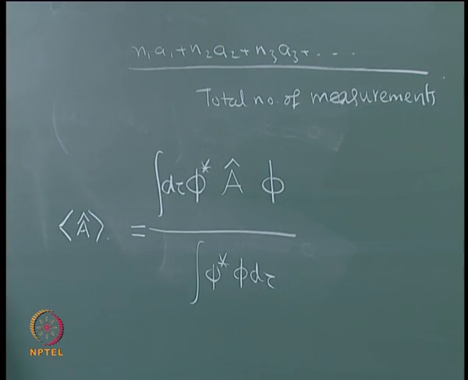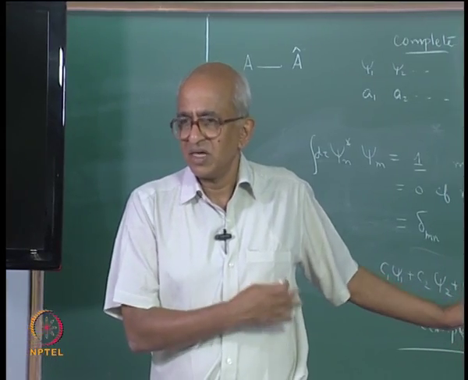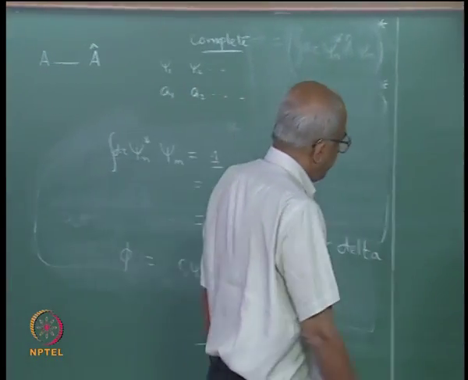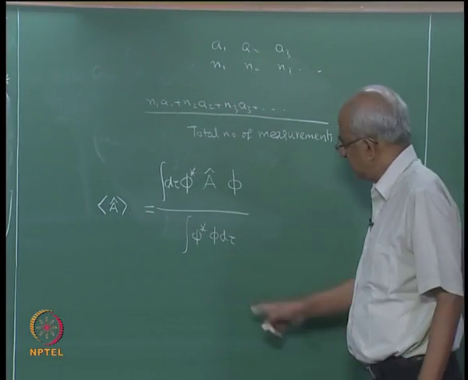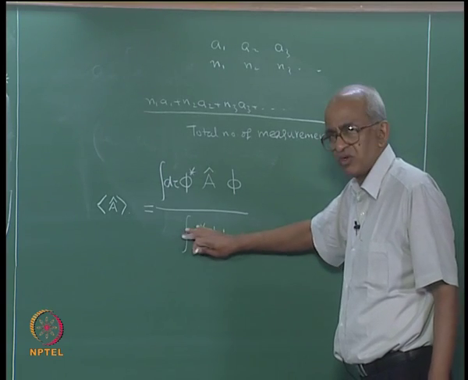So if you know the state function, it is not necessary to do the measurements. You can use the state function and calculate the average, and that is the use of quantum mechanics. You do not have to do the experiment; you can get the same result by doing this calculation. Now, at least for this lecture, I will assume that phi is normalized, so this integral is equal to 1.